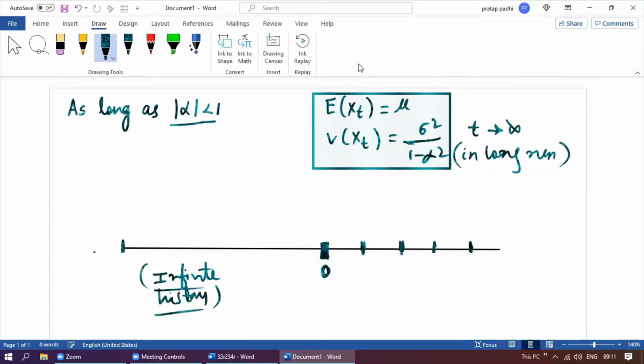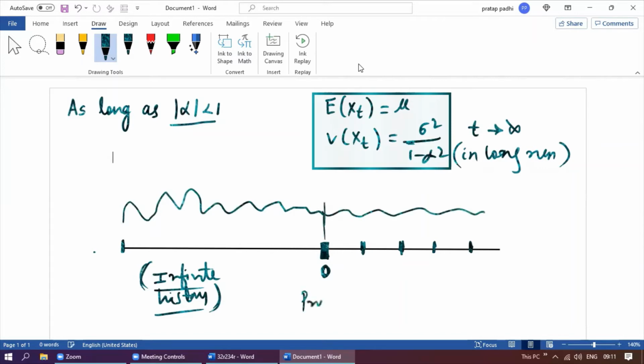You see in some problems, initially, infinite history means there is a process which was running for a long time. Now it becomes stationary already here. This is the present. So there are two ways.